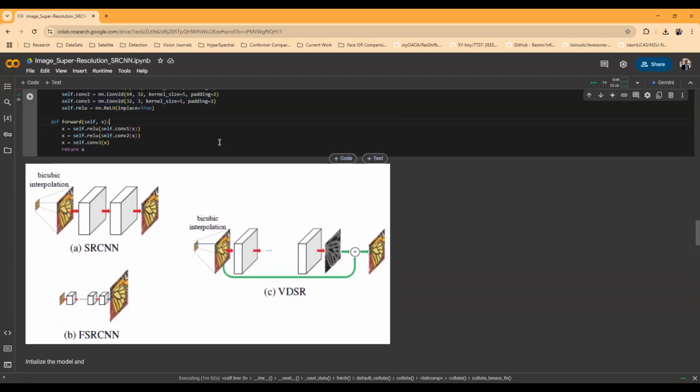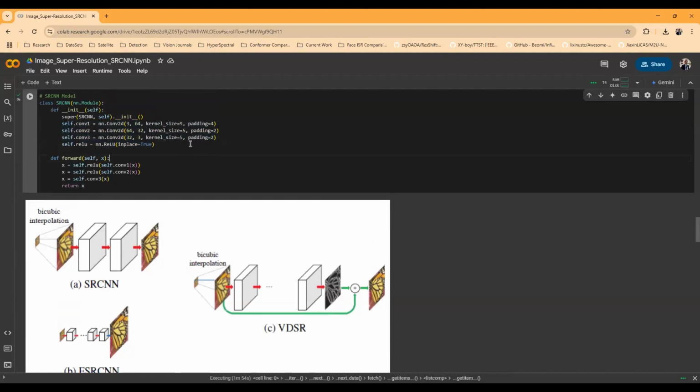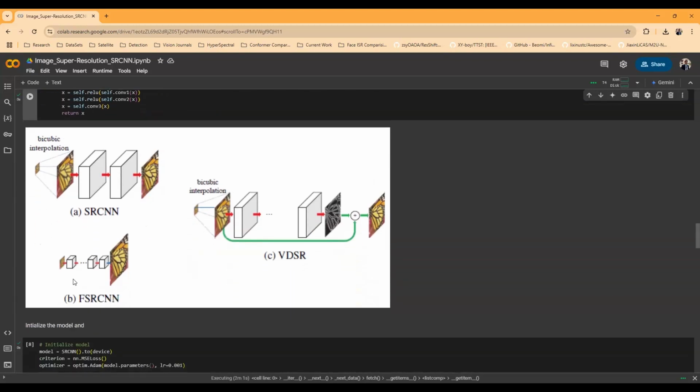So in order to avoid that kind of parameter requirement, an alternative design by the same authors led to the development of FSRCNN. And what is it? They are delaying the upsampling of the images to the last. Means they are first working on, and this is the 9-layer architecture, means they are having nine layers of filters in between.